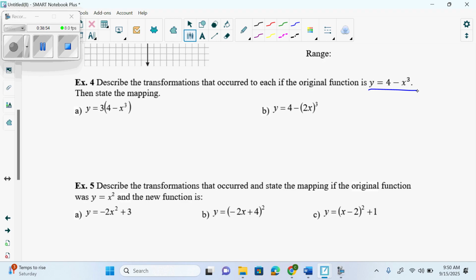So this is still the same. See that? So the only thing that's different is this 3 in front. And what is that? Vertical stretch. And verticals are awesome because they're y's and y's don't change. So that's a 3. In mapping, it's a 3. In descriptions, it's a 3. It's a 3 for life. Y's never switch. So it's a vertical stretch.